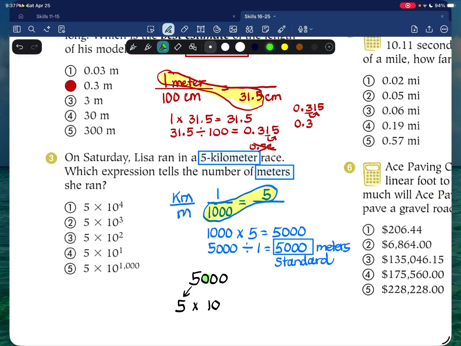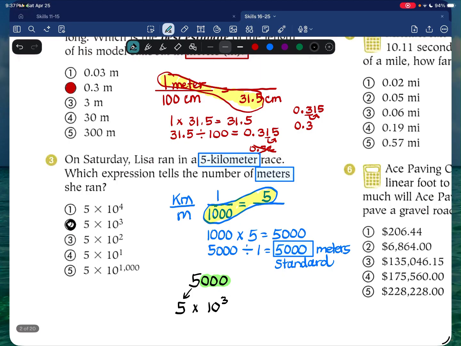So you have 3 zeros. That's going to be 10 to the third power. So the answer you want is number 2. 5 times 10 with 3 zeros. 10 to the third power, that's 3 zeros, times 5 is 5,000.